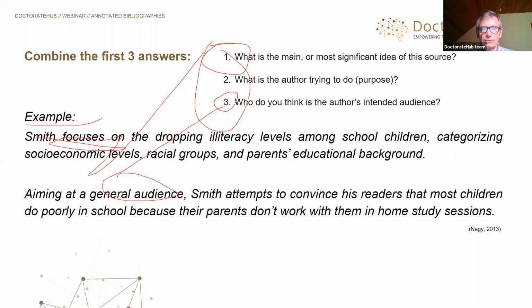Because he is aiming at a general audience, Smith attempts to convince his readers. And that is now the purpose, okay? He's trying to convince his readers that most children do poorly in school because their parents don't work with them in home study sessions.